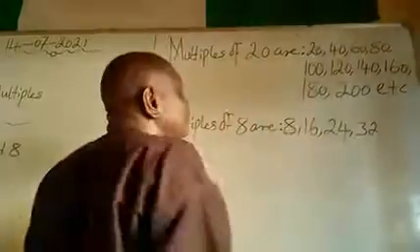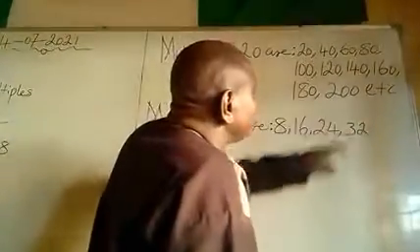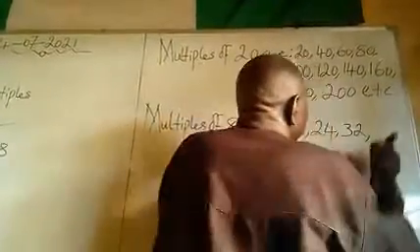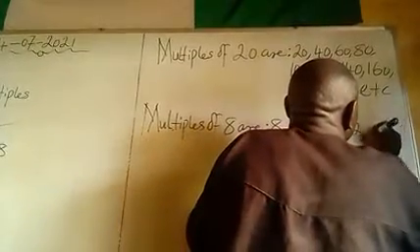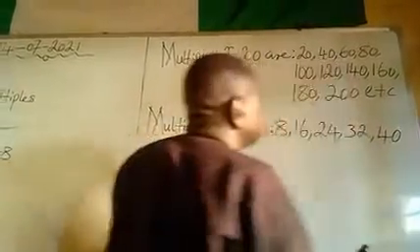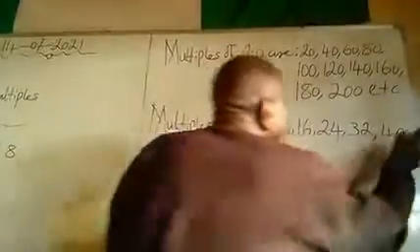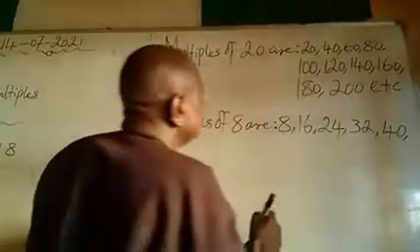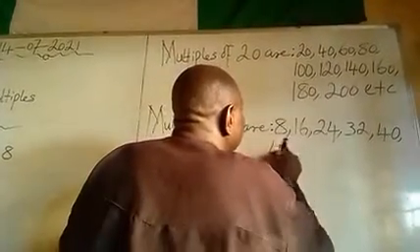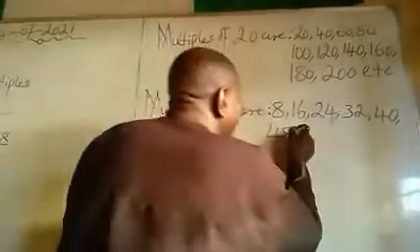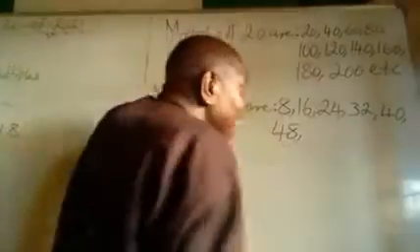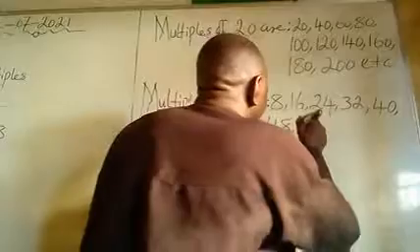When you add 8 to this 32, you will have 40. When you add 8 to this 40, you will have 48. When you add 8 to this 48, you will have 56.